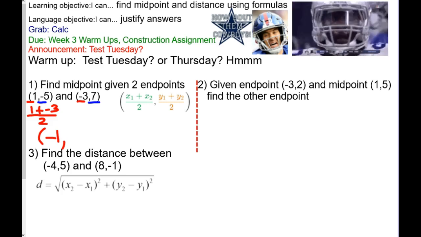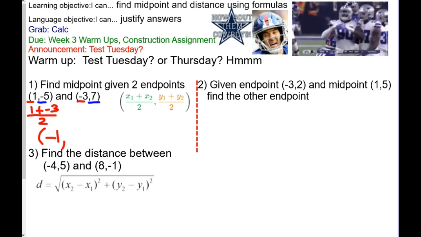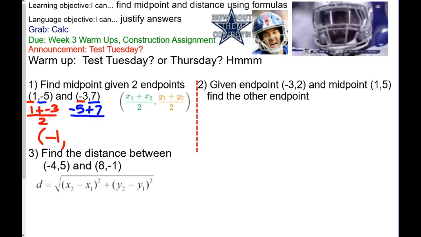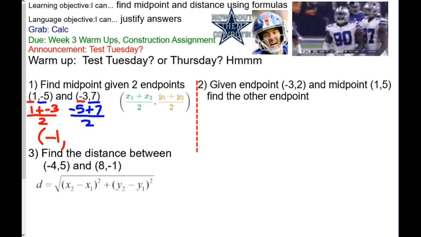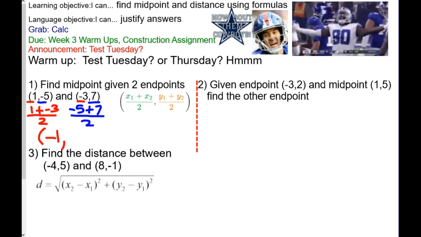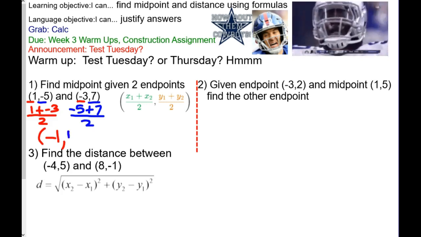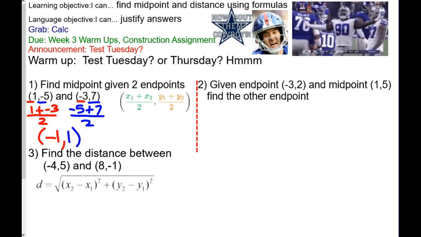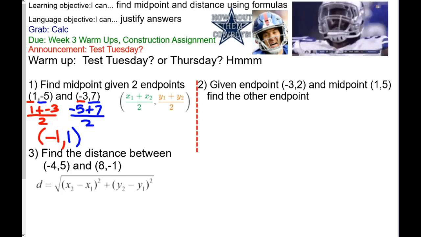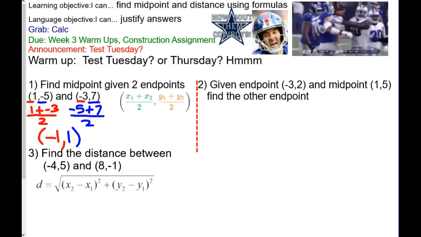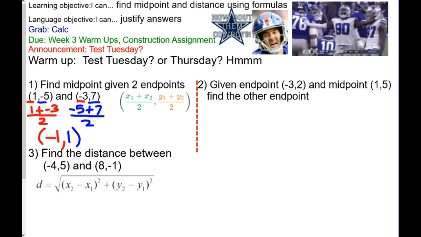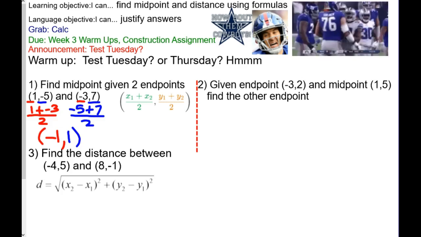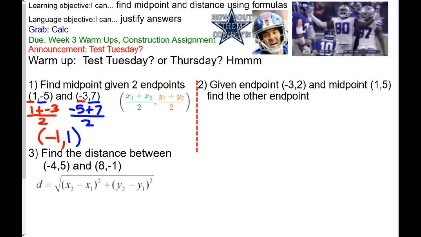So again, add them up, divide by 2. -5 plus 7 divided by 2 gives you what? You should get 1, okay? We did 2 of those, 4 of those. We did some of those on Friday, okay? So you should be able to add and divide by 2 if you're given 2 endpoints.